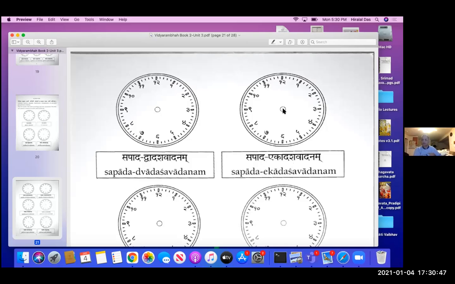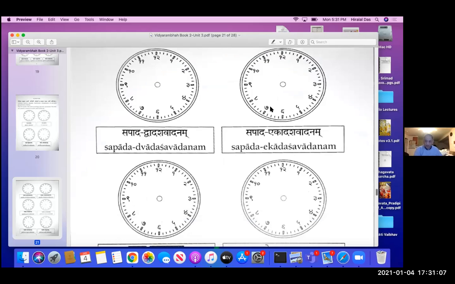The short hand is at 11, and Sapad is at 3. Yeah, so the long hand is at 3 and the short hand is just past 11. Right? Yes. Okay. Good.